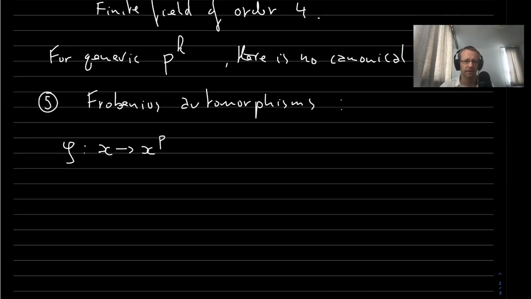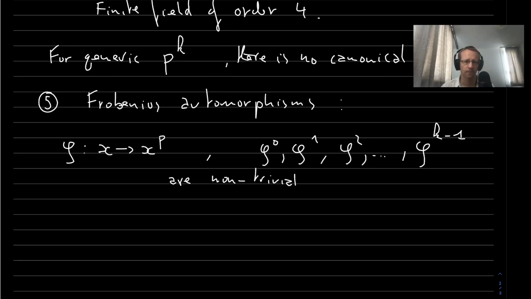And in fact, the automorphisms will be phi to the power 0, so the identity, phi to the power 1, 2, etc., all the way up to phi to the power k minus 1. These are automorphisms of the field. And they leave the subfield GF of p invariant.